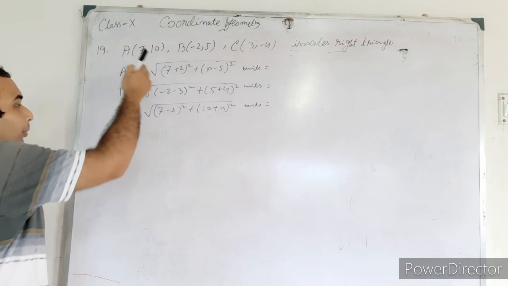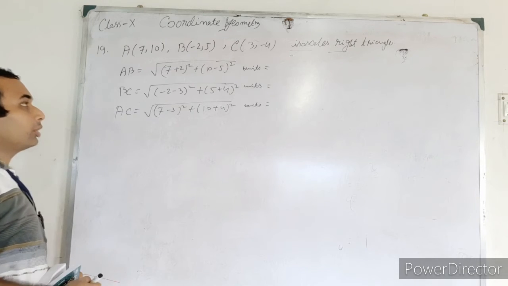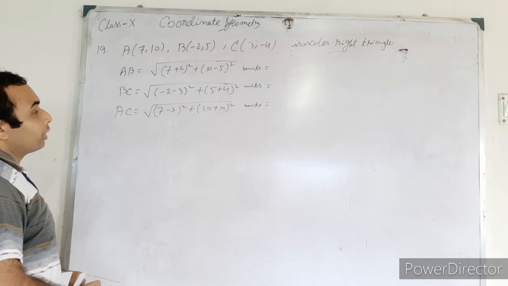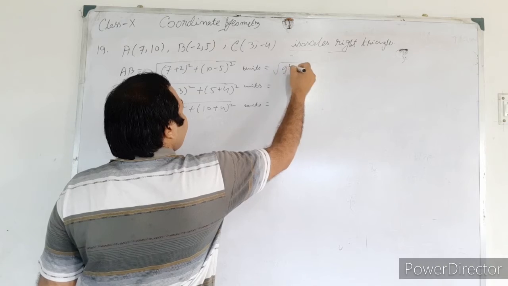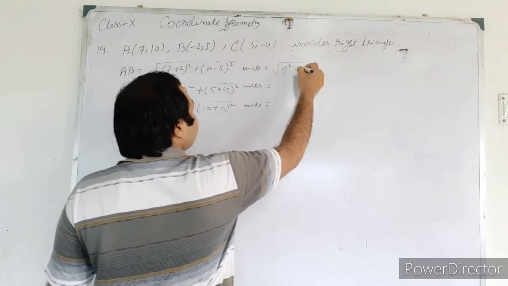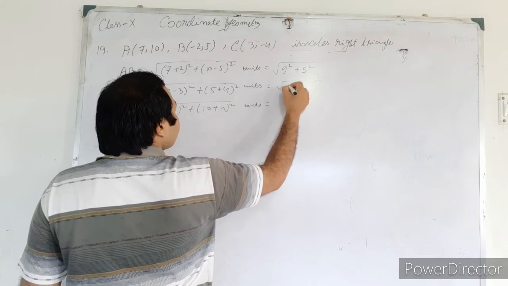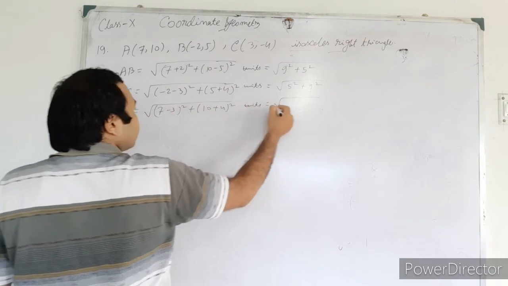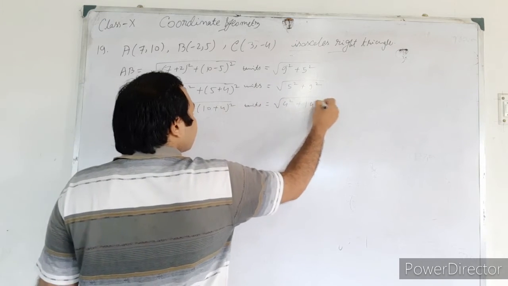We apply the distance rule, root over (x2 minus x1) whole square plus (y2 minus y1) whole square. So here it is root over 9 square plus 5 square, here it is root over 5 square plus 9 square again, and here it is 4 square plus 14 square.